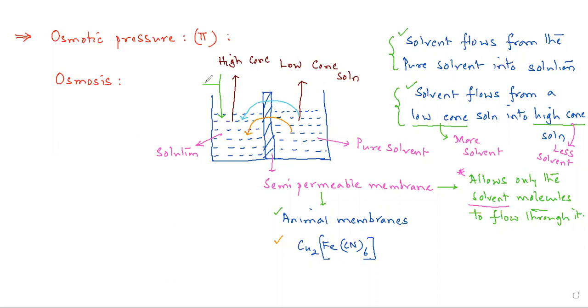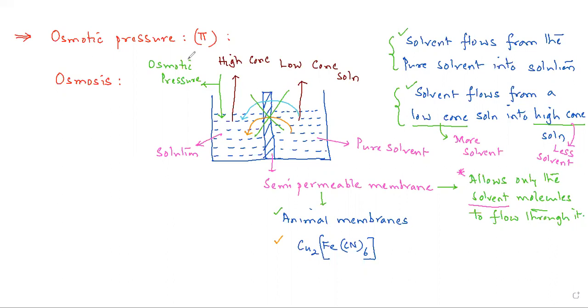Pressure is applied on the solution in order to prevent this flow of a solvent. To stop the flow of solvent into the solution, you need to apply pressure on the solution. This pressure, what is applied on a solution to prevent the flow of a solvent into it, is osmotic pressure. Okay.